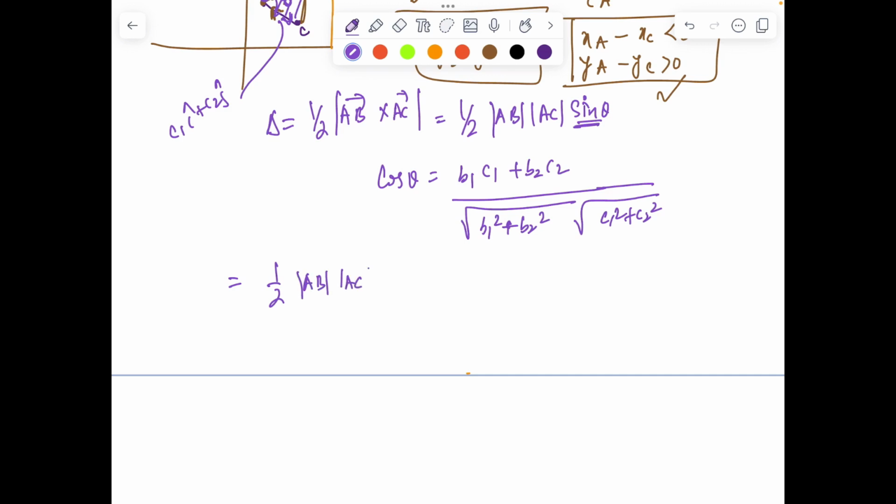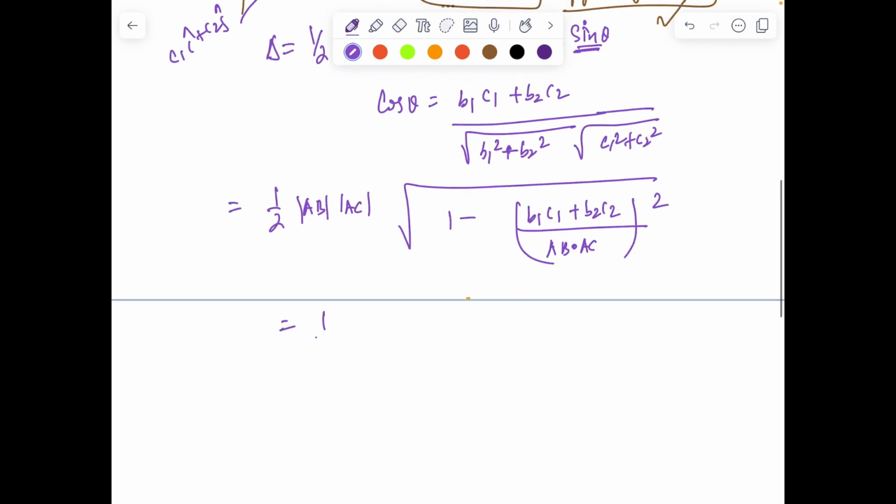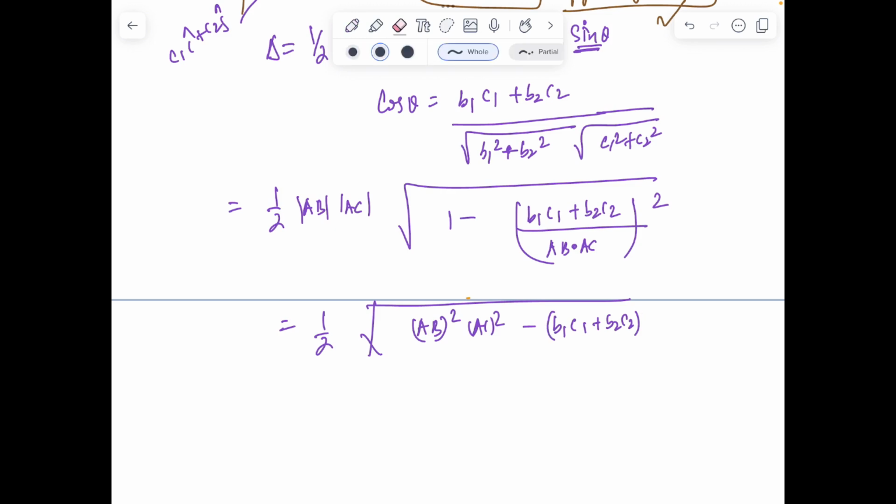And if I simply plug this cos theta value over here, I'll get half AB AC. Sin theta is root of 1 minus (B1 C1 plus B2 C2 by AB times AC) whole square, right? So I'll get half times root over AB square into AC square minus (B1 C1 plus B2 C2) whole square.